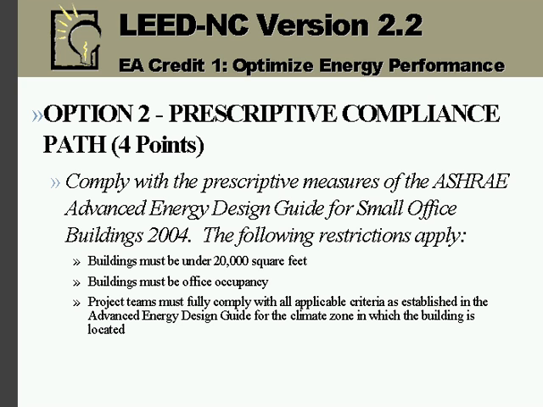And one of the really cool parts is that if you're doing a 20,000 square foot office building and you want to get some energy points, which have always been difficult because you have to do a lot of modeling in LEED, if you use this guide, option 2 says that you'll get 4 points by complying with the prescriptive measures of the Advanced Energy Design Guide. Again, it has to be an office building, less than 20,000 square feet, and you have to fully comply with the applicable criteria established in the guide.